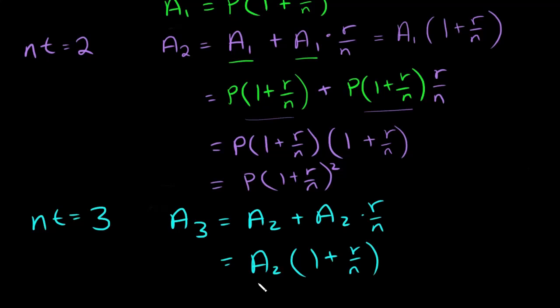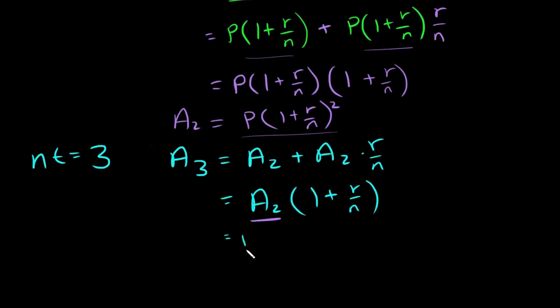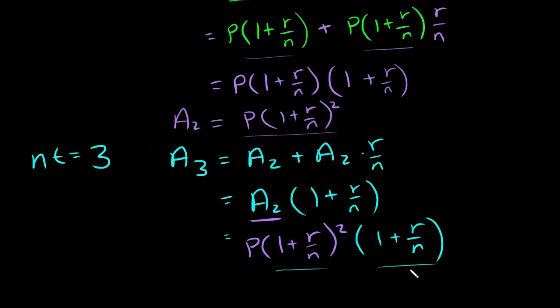Here's A2, this is the formula for A2 right here, so let me plug this in. I have P(1 plus R over N) squared, since I plugged in for A2, times (1 plus R over N). And I notice these are like terms, so I can say it's to the third power.